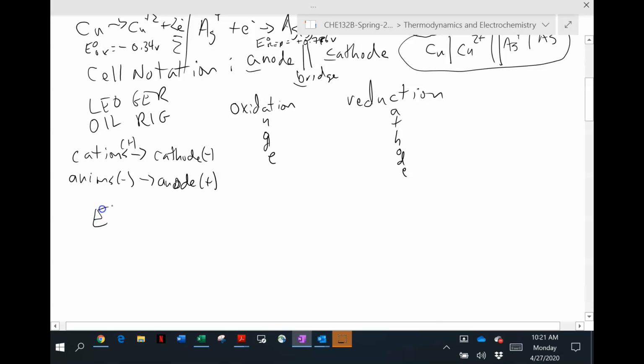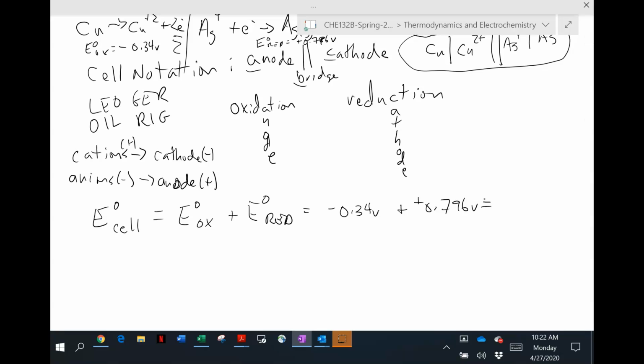E naught cell, standard cell potential, is going to be equal to E naught oxidation plus E naught reduction. That's going to be negative 0.34 volts plus positive 0.796 volts. So that comes out to, find my calculator here, something around 0.45, looks like.